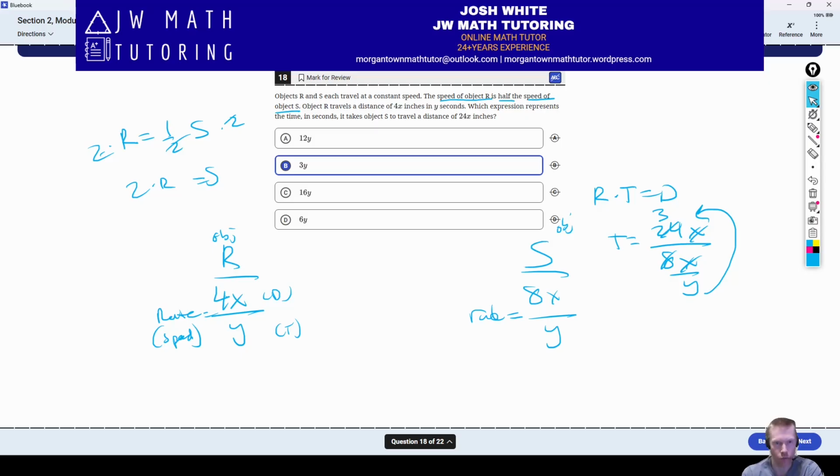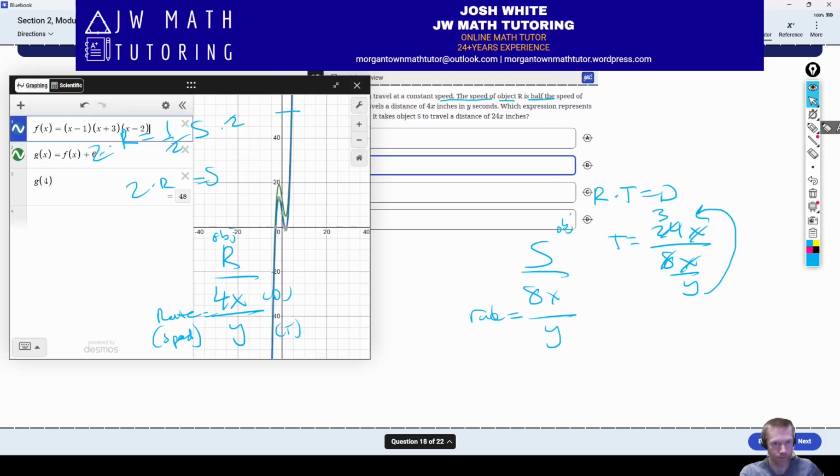Then you plug the value for y into each of the answer choices and see which one equals the same value you got initially. It just makes the calculations a little bit simpler to understand if you're working it out. So here, I'll just show you what I mean real quick.